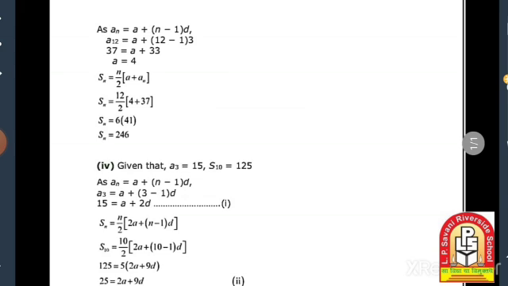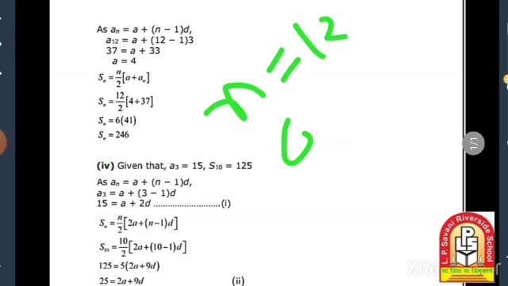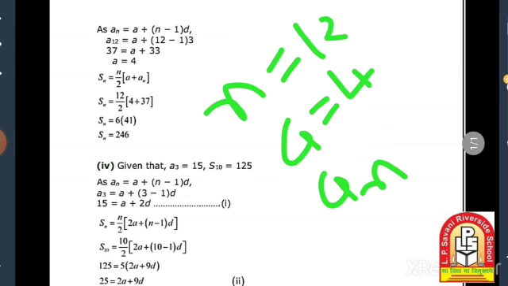Then put the values of a and an in the Sn equation. So n is equal to 12, a is equal to 4, and an is equal to 37. In this way, after putting the values of these three terms in the Sn equation, you get 6 in the bracket 41, and Sn is equal to 246 after simplification.